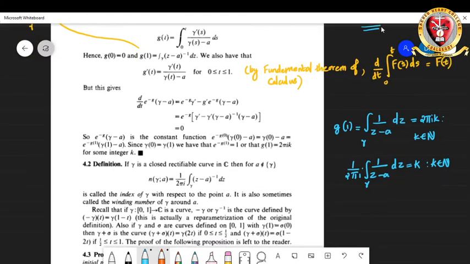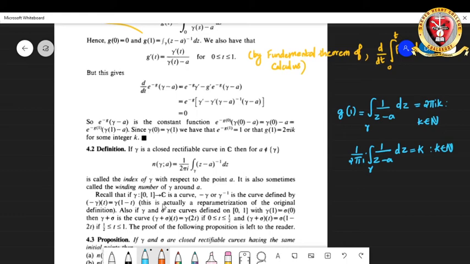So proposition 4.1 is actually very important and it is very simple to prove. And the next definition is related to this itself. It says that 1 by 2 pi i integral over gamma of 1 by z minus a dz, that is the expression we mentioned now, is equal to some integer, right?